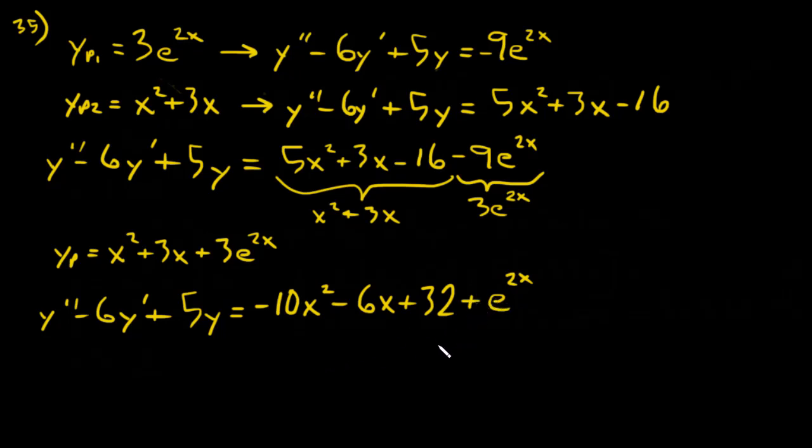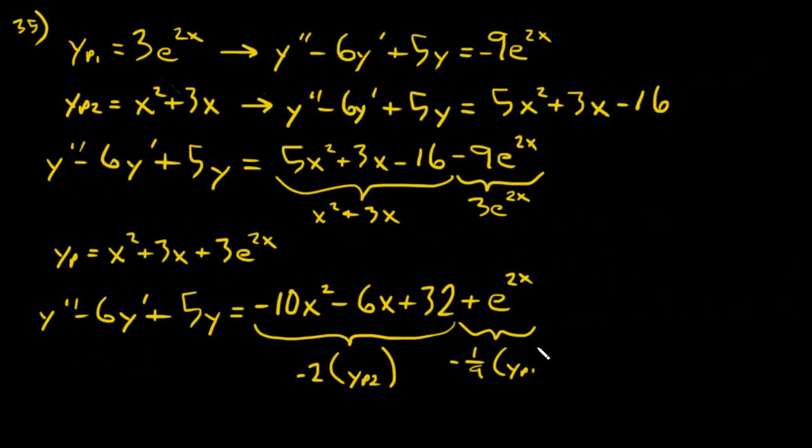Alrighty? So this piece right here is negative 2 times this piece, right? So this is negative 2 times the particular solution, the second one. And this one right here is negative 1/9 of the first particular solution, so negative 1/9 times y sub p1.